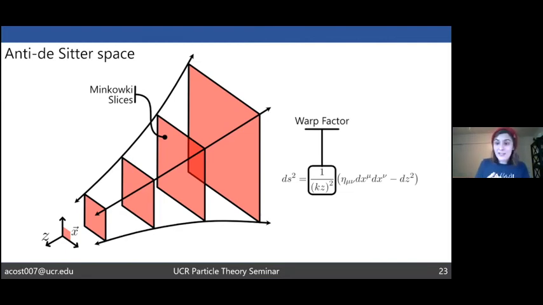In flat space, this corresponds to some energy scale that you can't go above. But in AdS, because these distances are warped as you move deeper into the bulk or more out to the boundary, the EFT cutoff actually gets warped up and down if you're further in at larger z or smaller z. This will play an important role in a few minutes.